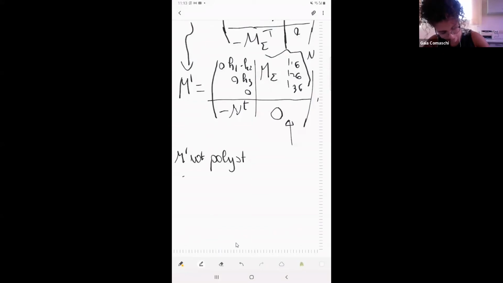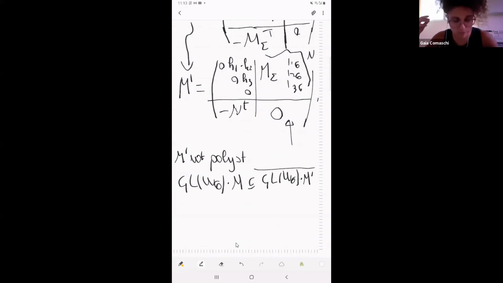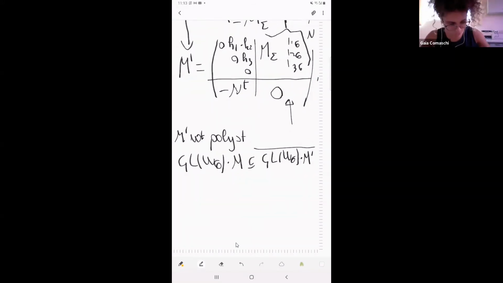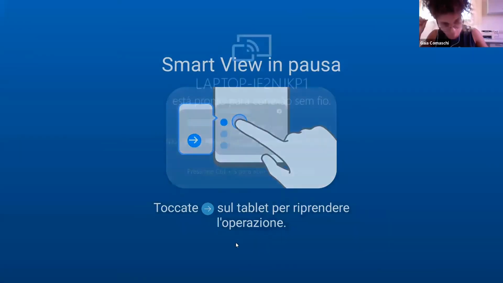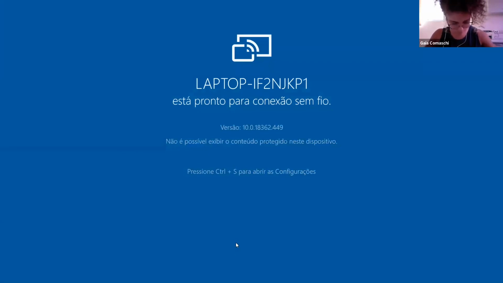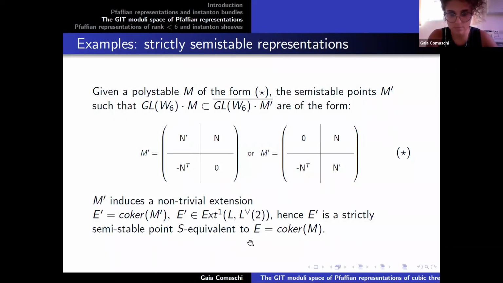And we will have that the GL6 orbit of N is contained in the closure of the GL6 orbit of this matrix M prime. So these matrices will define the same point in the moduli space.